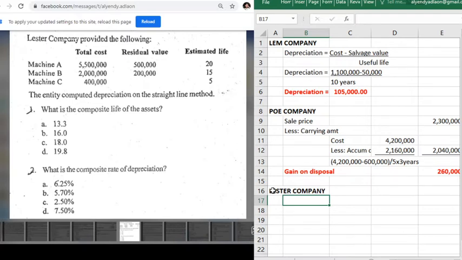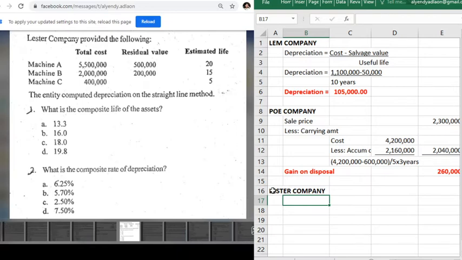Now since in this case there are a lot of machines, it would be very impractical if we are to depreciate them individually. Just consider how much is the cost of machine A, machine B, machine C. So how much more if there are 10 or more machines?